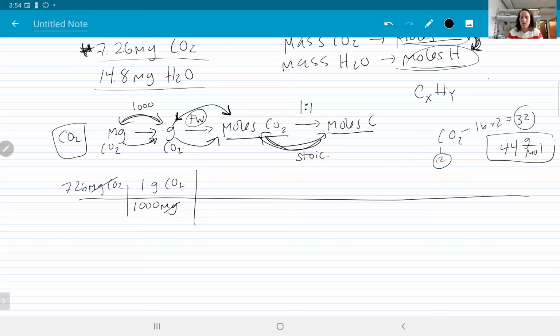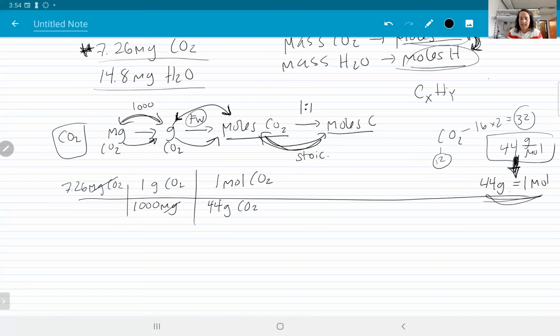But there's our formula weight for carbon dioxide. So 44 grams of CO2 and 1 mole of CO2, right? Remember, when we take these equations like 44 grams per mole, we can make that into a linear mathematical relationship by saying 44 grams is equal to 1 mole.